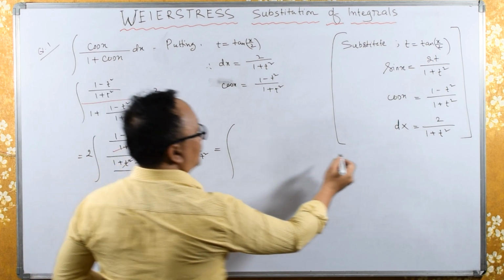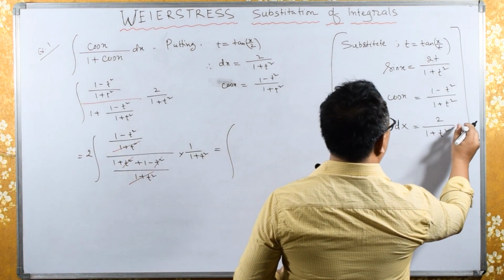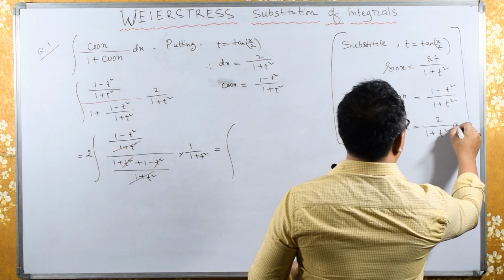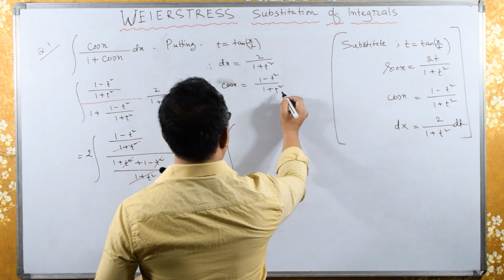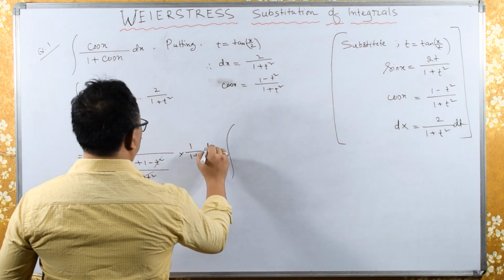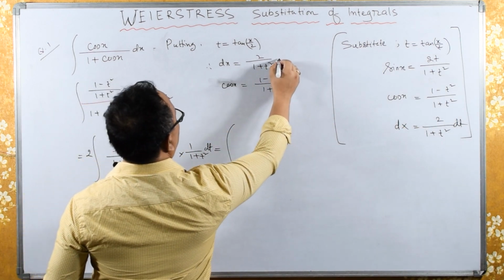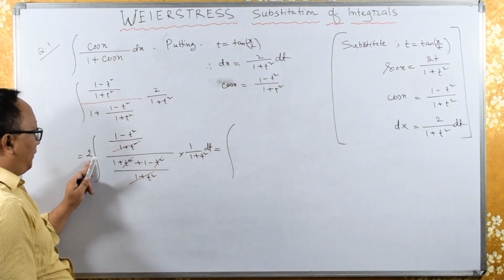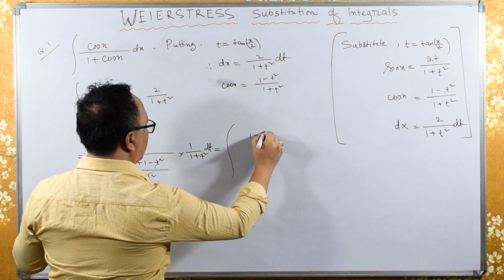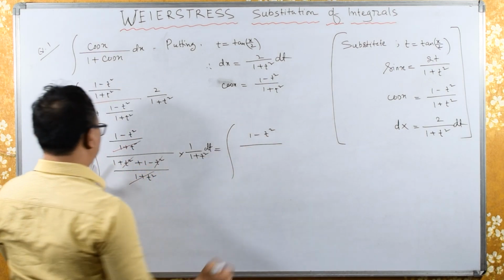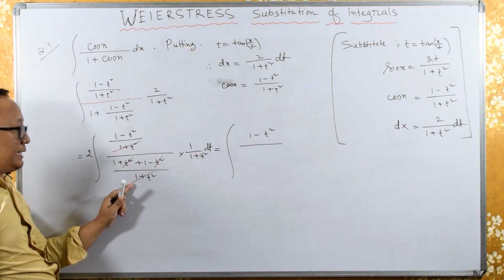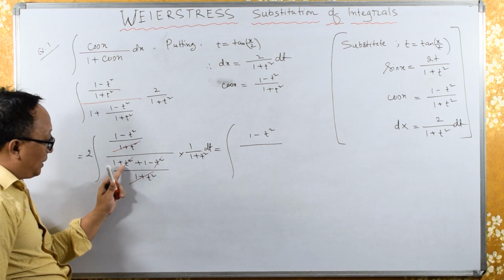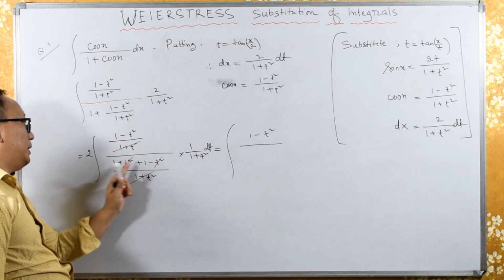It should be in terms of dt. What we have is 1 minus t square upon, the 1 plus t square gets cancelled, 1 plus 1 is 2.